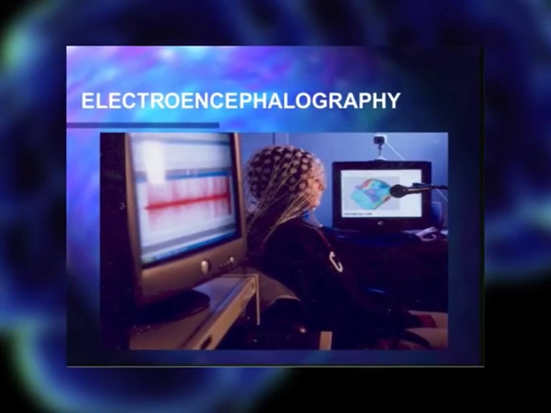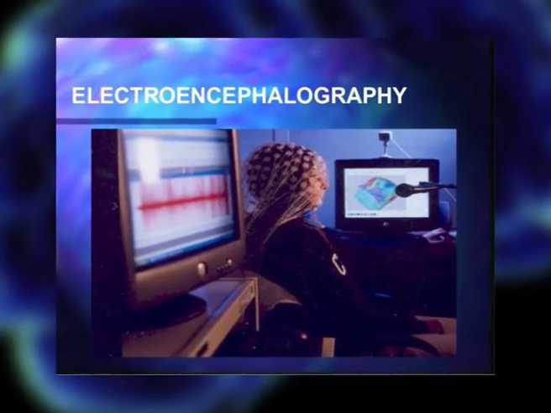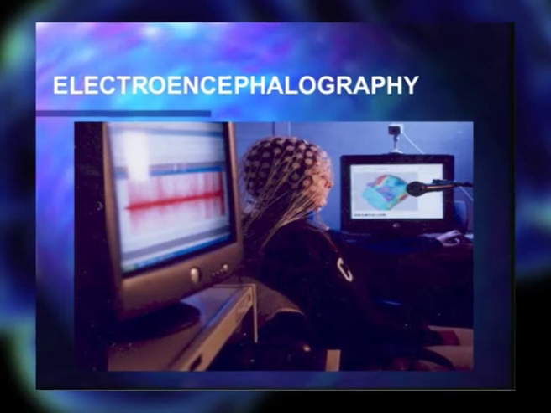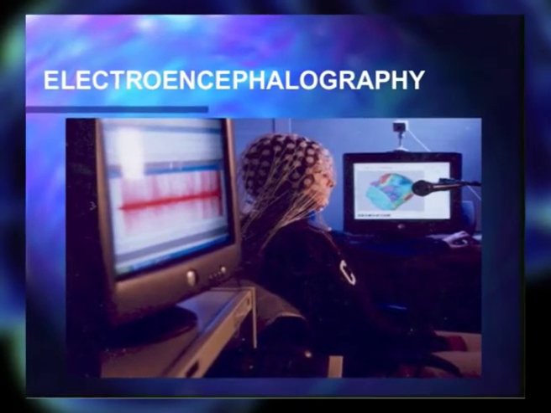Brain fingerprinting uses electroencephalography, that is EEG, to measure event-related potentials known as the P300, that is electrical events beginning 300 milliseconds after exposure to a stimulus, that are characteristic of the information processing that accompanies recognition of stimuli in comparison to a remembered context.